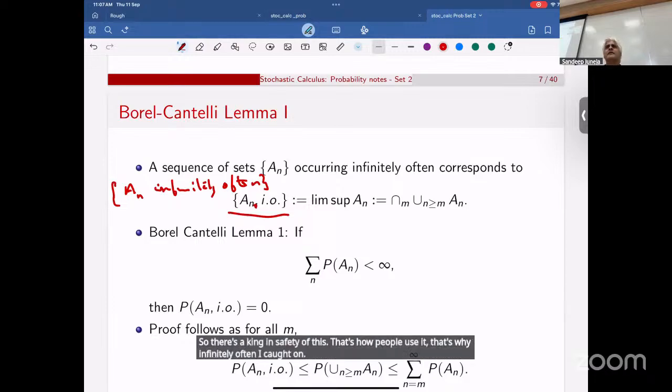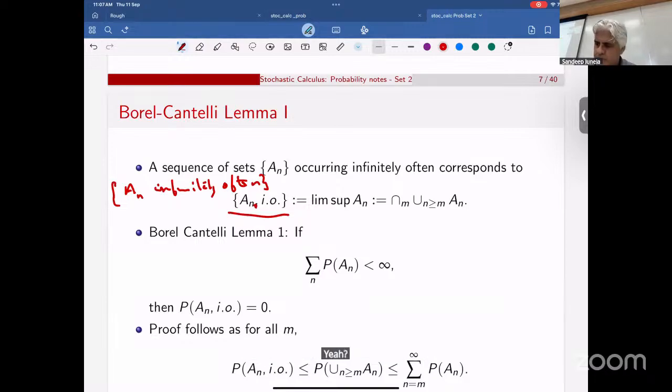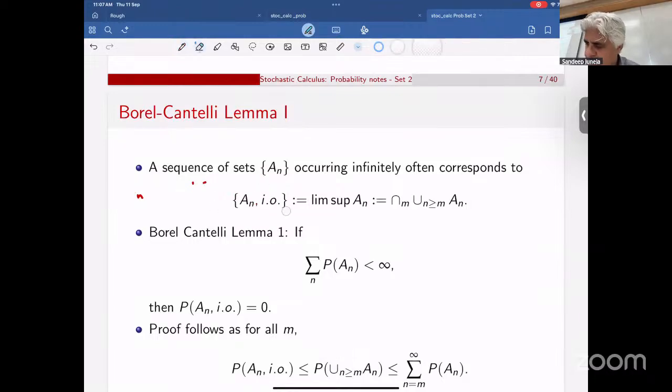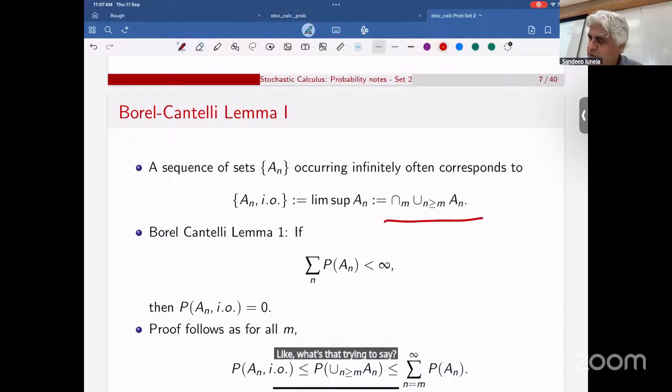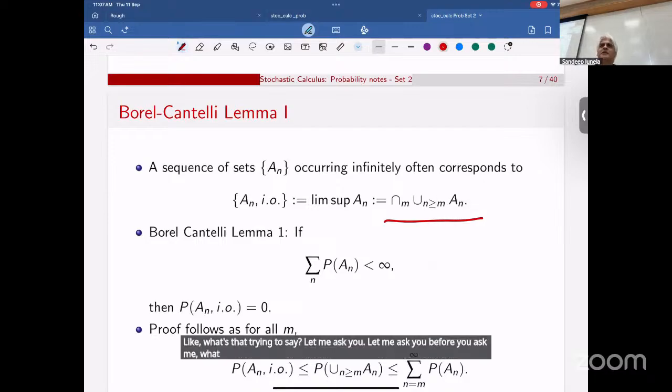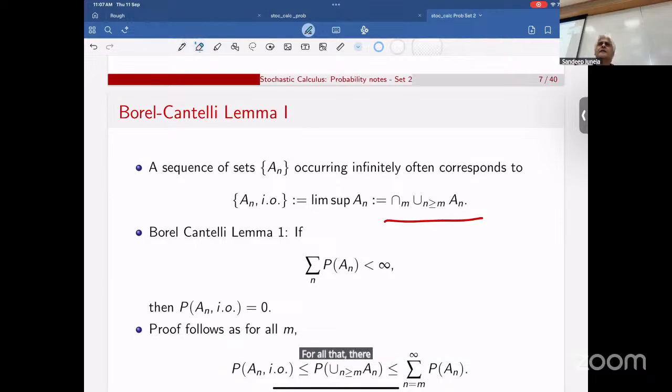Yeah? In the intersection, what's that trying to say? Let me ask you before you ask me. What does this intersection-union term mean to you? For all m, there exists n greater than m, A_n. Yeah, but there should be some way to import omega.